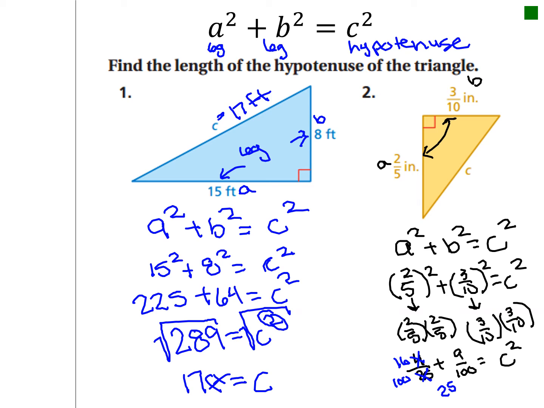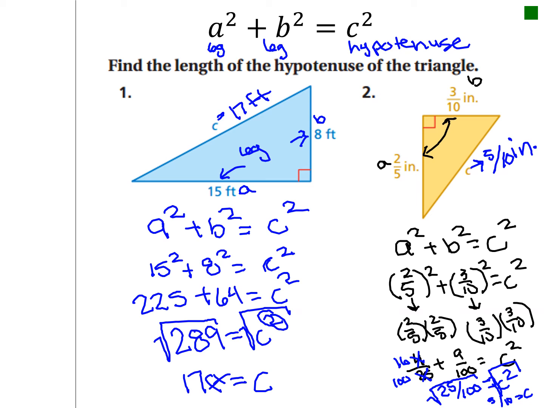So this will turn to 25 over 100 equals C squared. How do you undo the exponent of 2? You take the square root. The square root of 25 is 5. The square root of 100 is 10. So C is 5/10 inches.